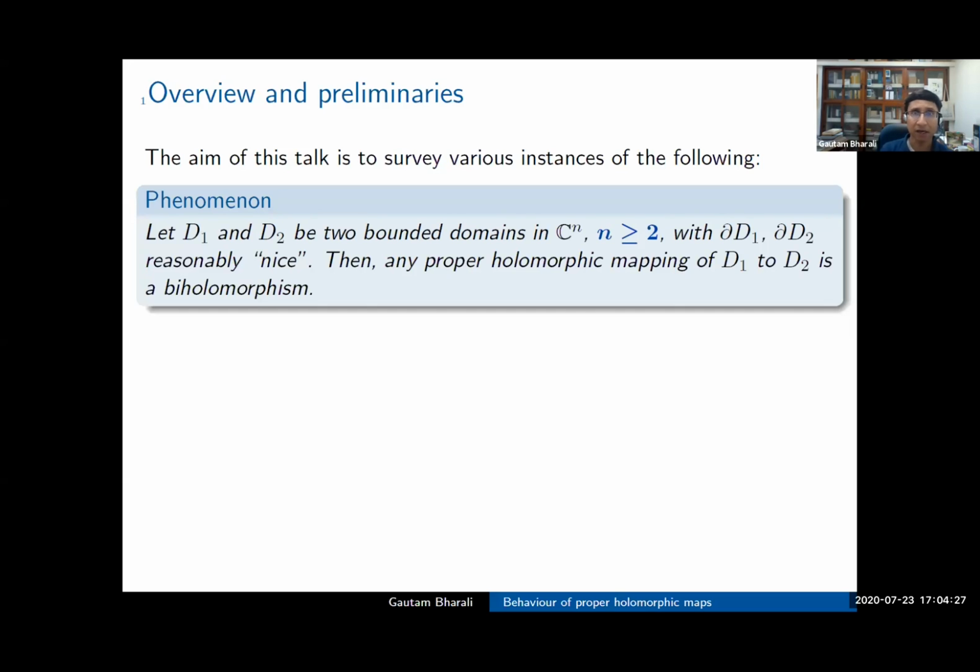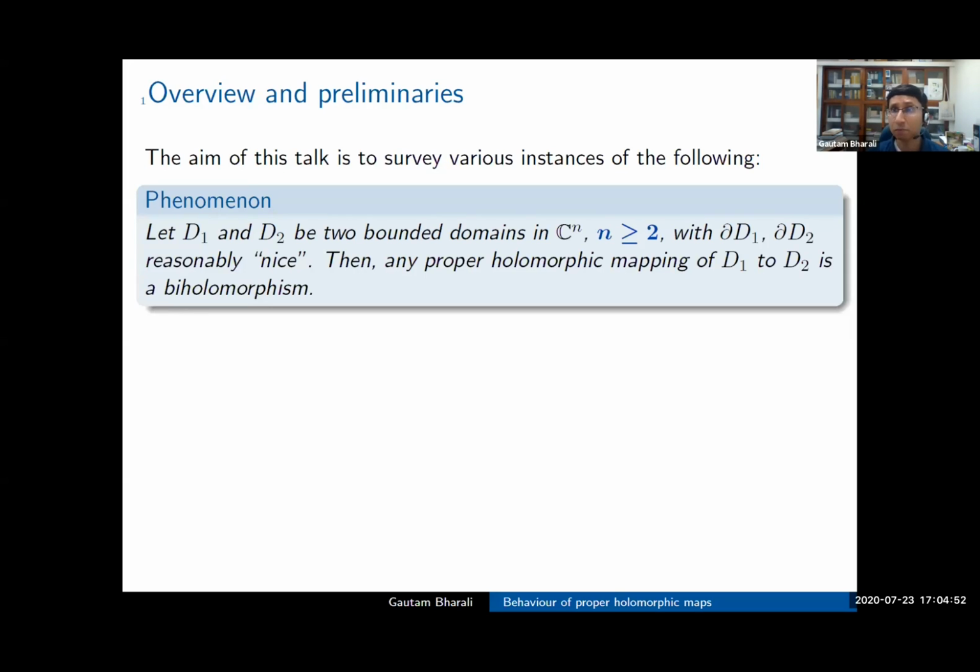So that said, you can see up on your screens the aim of this talk, which is to survey various instances of the following phenomenon. Let D1 and D2 be two bounded domains in Cn. And I'm going to insist that unless otherwise mentioned for the purposes of this talk, the dimension n is greater than or equal to 2.